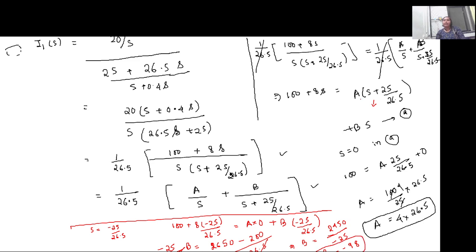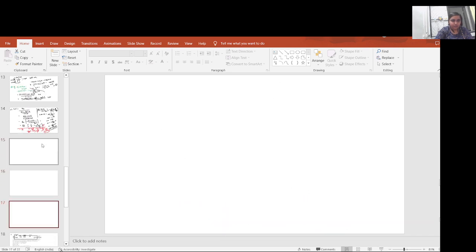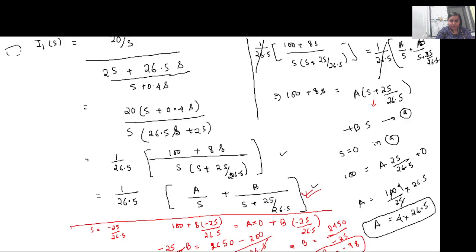So you have to figure out the value of a and b and then plug into this particular expression. So I'll take some more pages. When we write it, now the expression will be I1 of s is equal to 1 by 26.5.